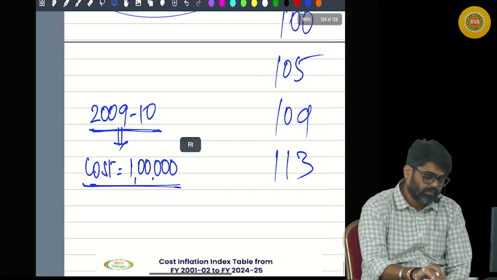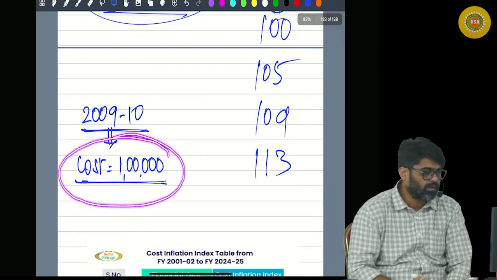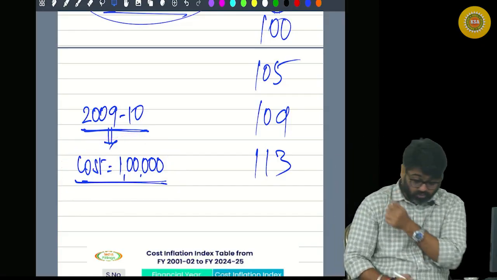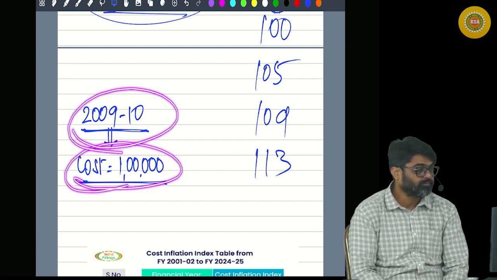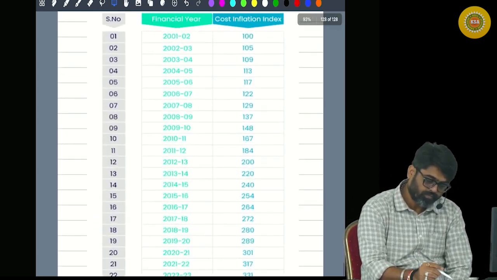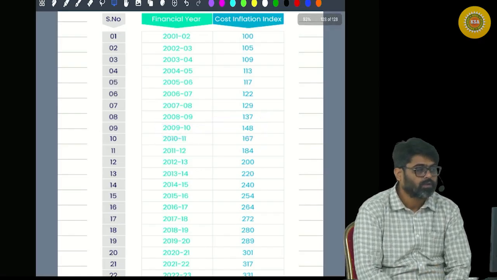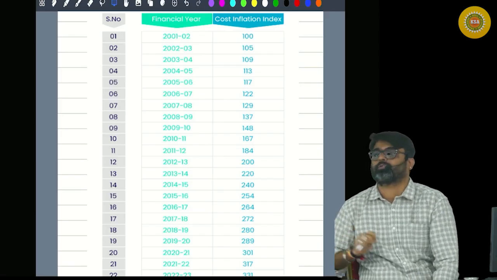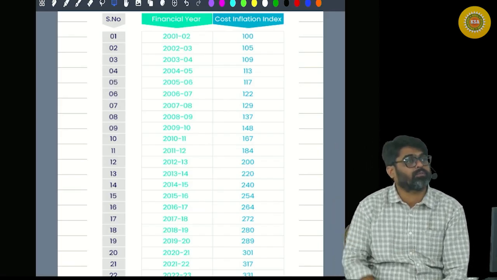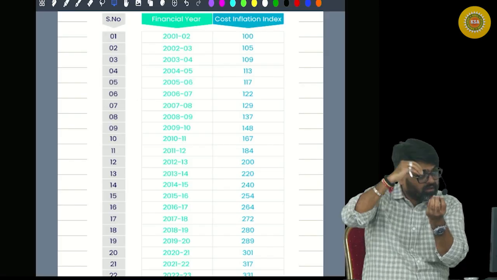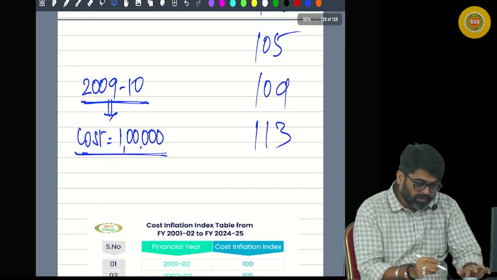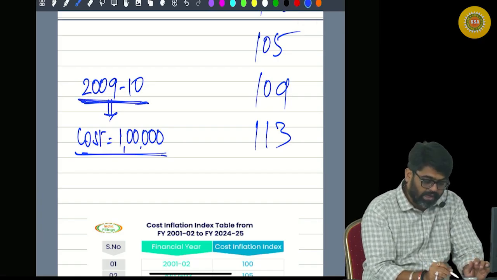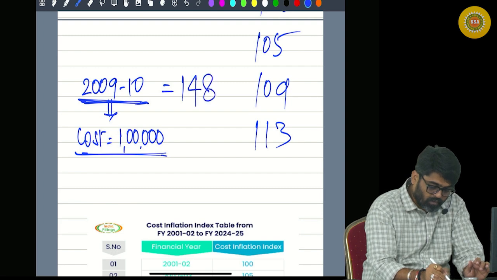Now tell me, this 1 lakh was incurred in which year? Now I have to bring that cost of 1 lakh in today's terms. In today's terms, I have to include inflation in that cost. So this 1 lakh was incurred in 2009-10, when CII was 148.